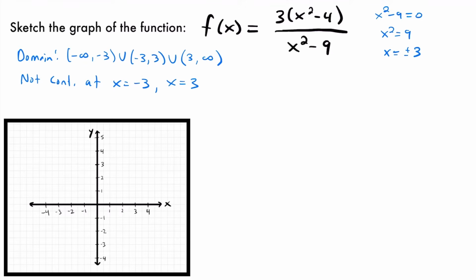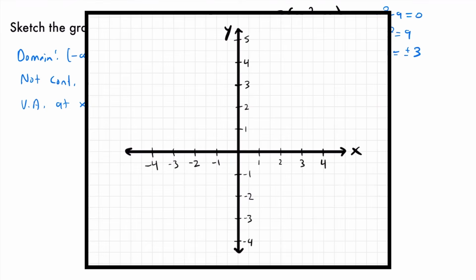And so then we know that we have those vertical asymptotes, which I'll write as VA for vertical asymptote, at x equals -3 and x equals +3. And so now that's going to be the first thing that we will draw on our graph. And so if we bring the graph up here, we can now add our vertical asymptotes at -3 and 3. And if we draw those asymptotes, we need to locate x equals 3 and x equals -3. And so that's where we'll draw these dotted lines to represent our vertical asymptotes.